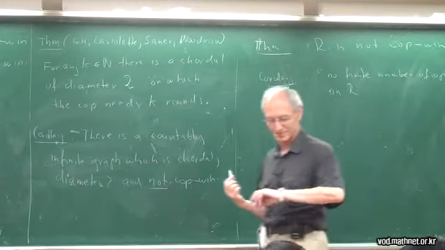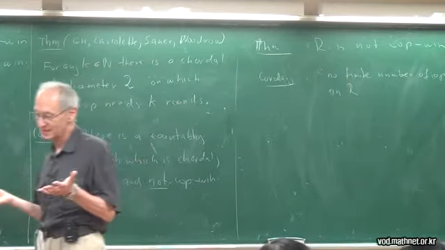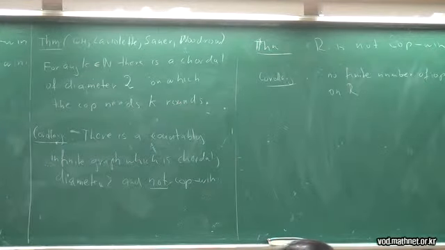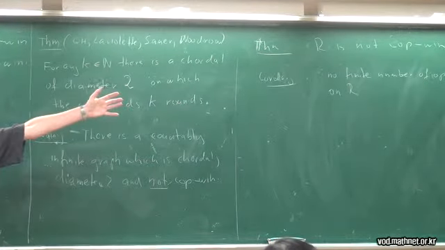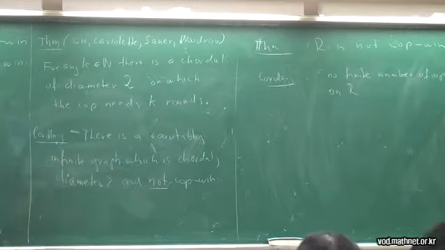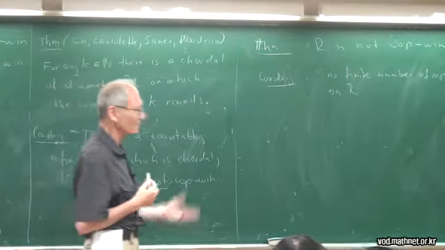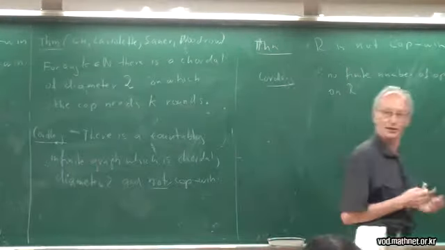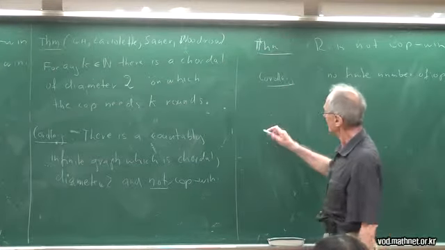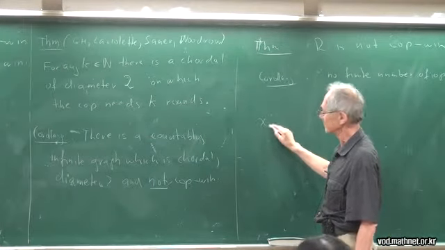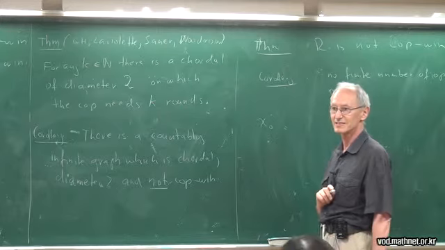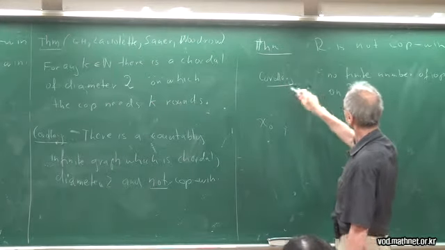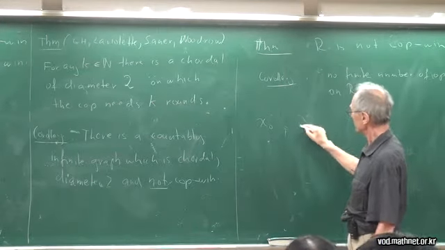So one other question you can ask is, how dense do you need the cops in the graph to win? What's the proportion of the number of vertices that the cops have to be in? Here you have Aleph0 vertices, and this shows that you need Aleph0 cops.